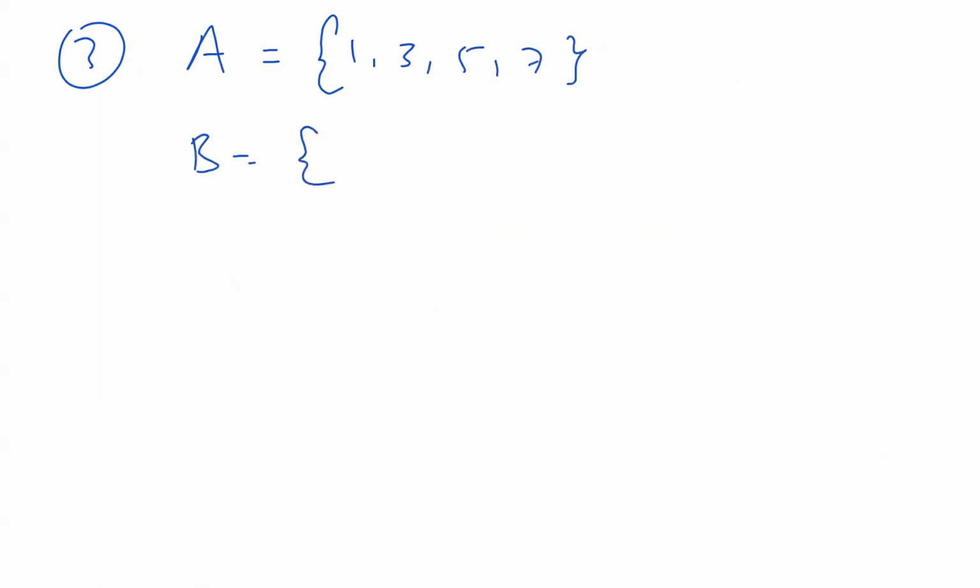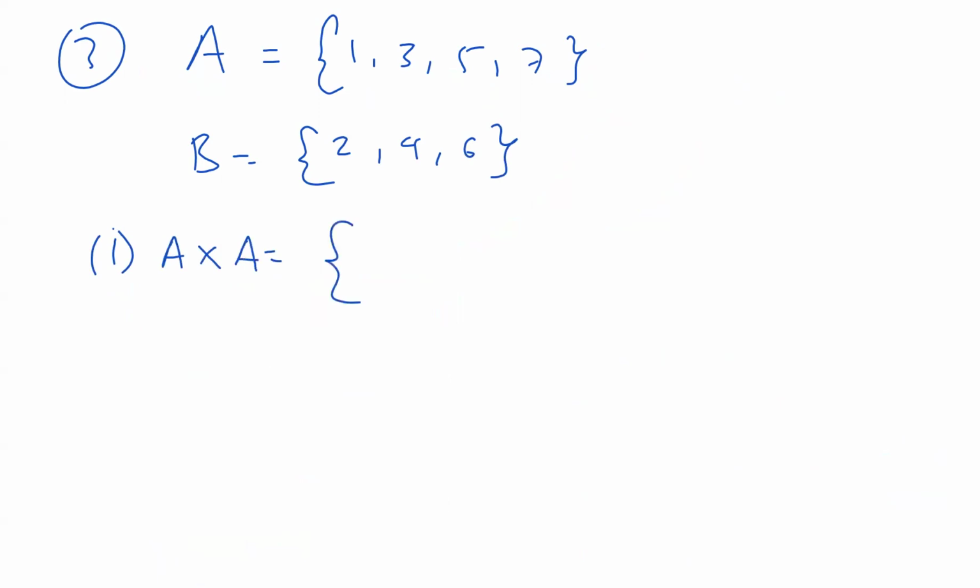Let us go to question number 3. A is given as 1, 3, 5, 7. B is given as 2, 4, 6. Okay, so the first part, A cross A. Now A cross A is nothing but Cartesian product of A with itself.